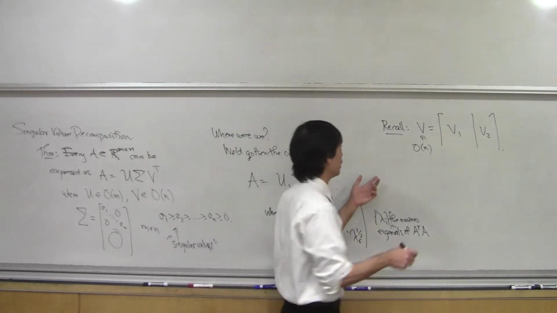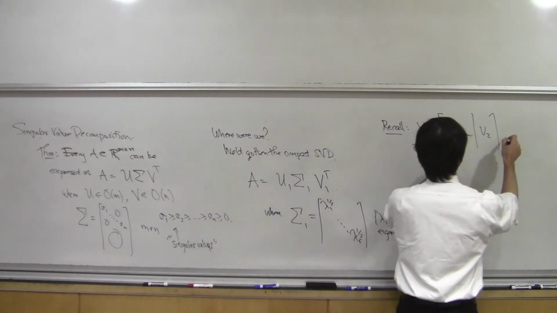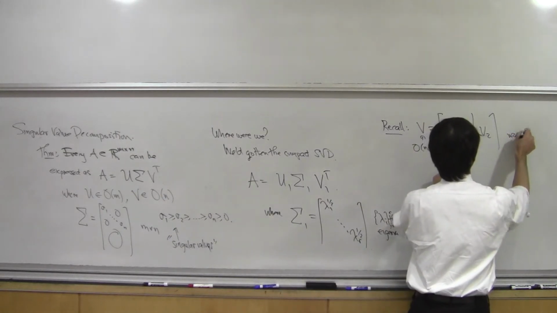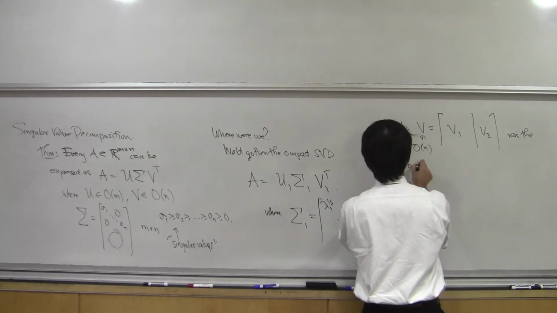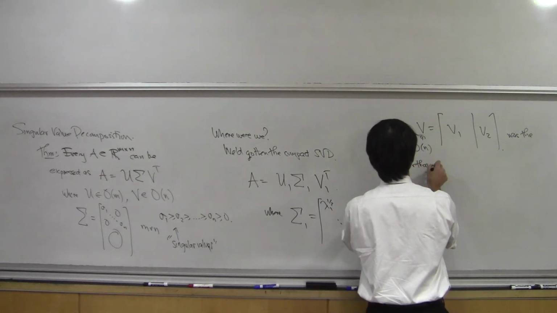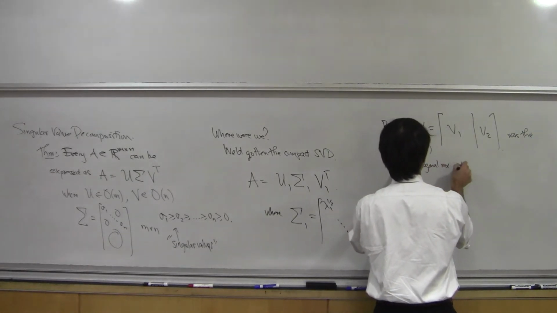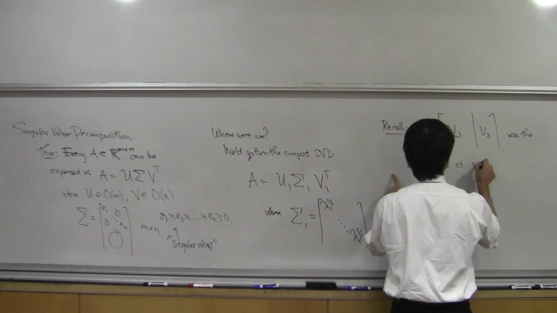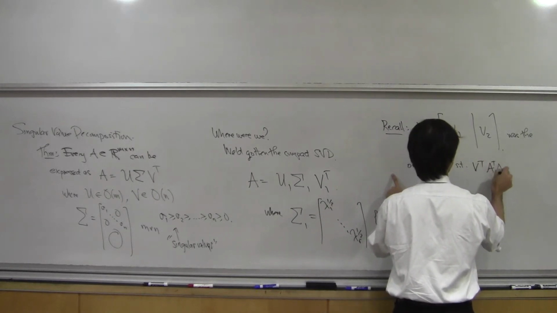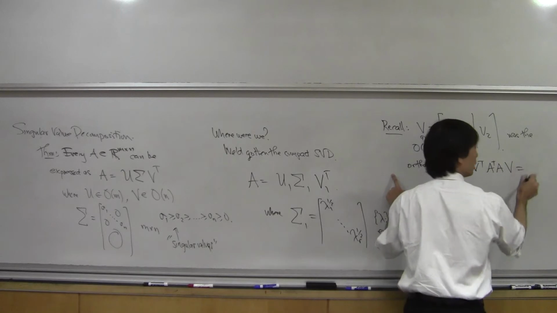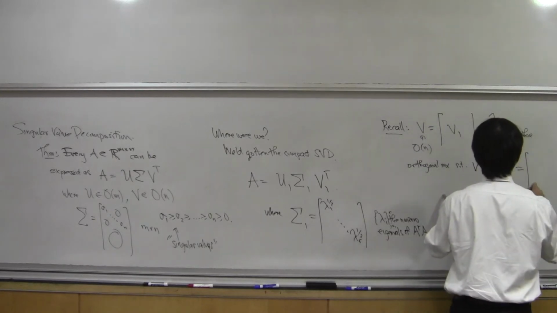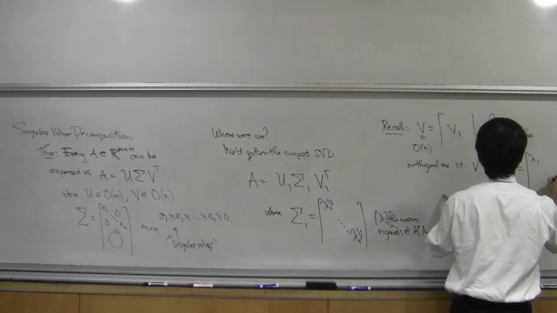So V was the orthogonal matrix such that V transpose A transpose A V equals the diagonal matrix lambda 1 through lambda n.